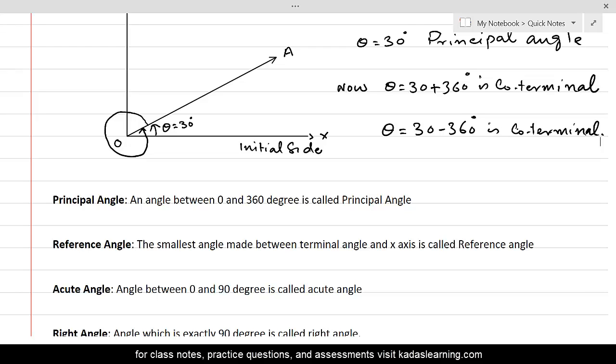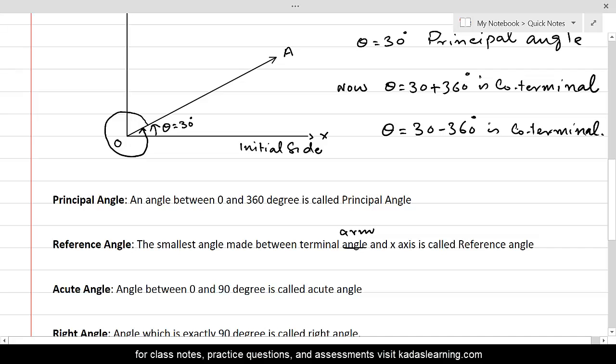So we can define it: the smallest angle made between the terminal arm and the x-axis is called the reference angle.